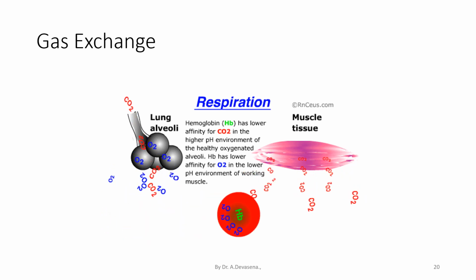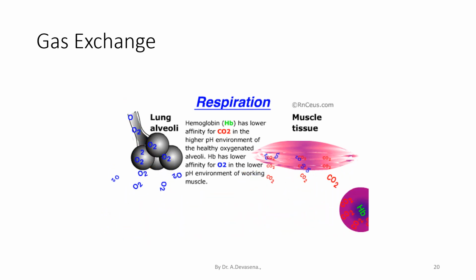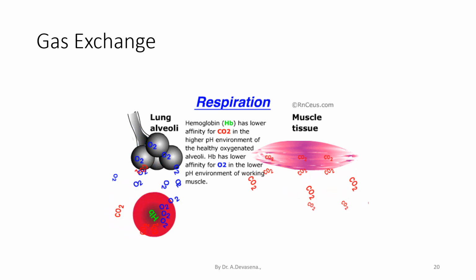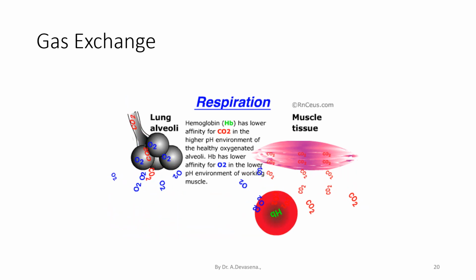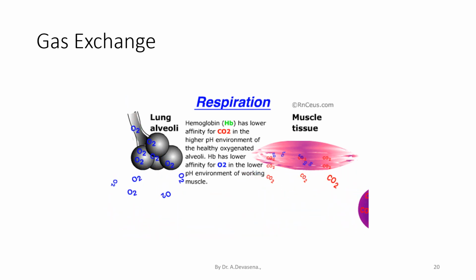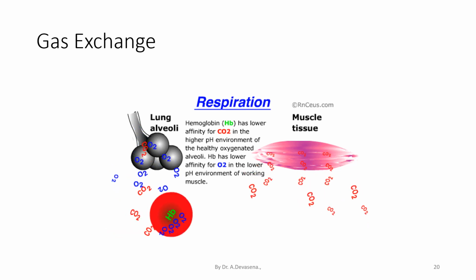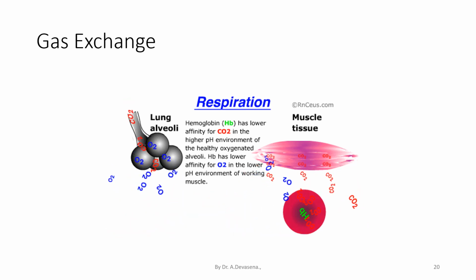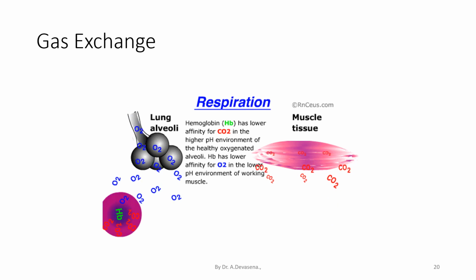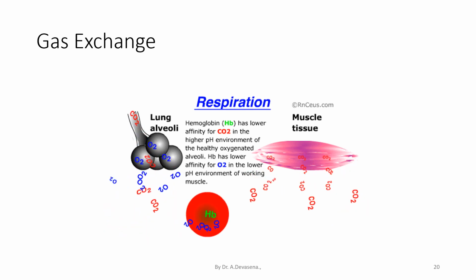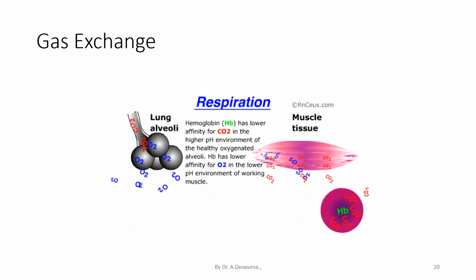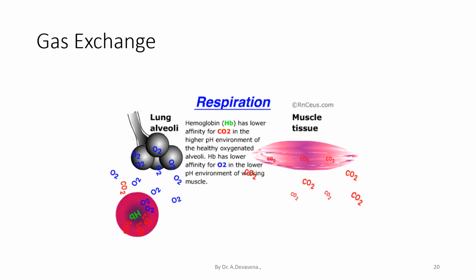Here, hemoglobin has lower affinity for carbon dioxide in the higher pH environment of the healthy oxygenated alveoli. Hemoglobin has lower affinity for oxygen in the lower pH environment of working muscle.